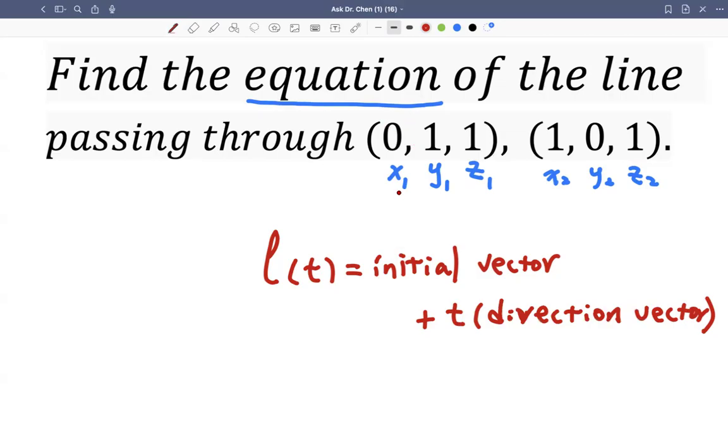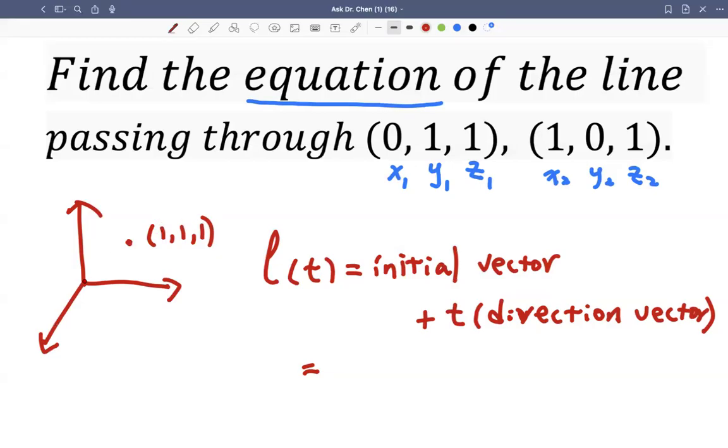Let's say we treat the first one, x1, y1, z1, as the initial point, or initial vector. Sometimes I use two different terms. Let's see this point, maybe 1, 1, 1. One way, I can call it a point with an x value, y value, z value.